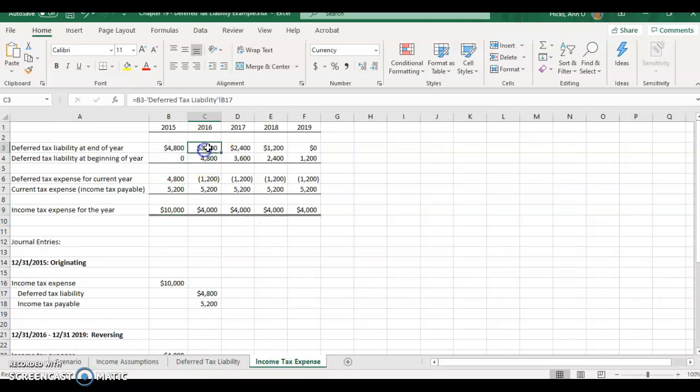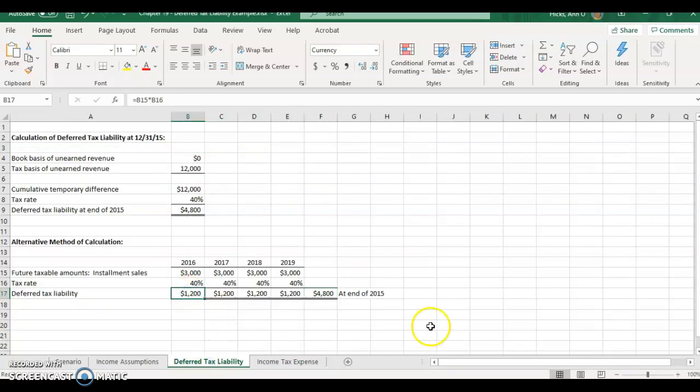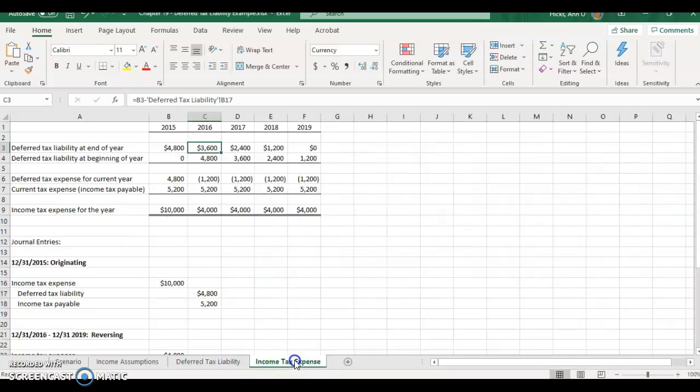Now, in 2016, our deferred tax liability at the end of the year has decreased by the $1,200 that we identified would be recognized in 2016. So at the end of the year, we only have a liability of $3,600. Beginning of the year, it was $4,800. Just like inventory, whatever we have at the beginning of one year is what we had at the end of the other.